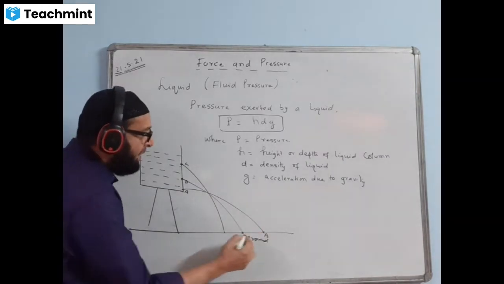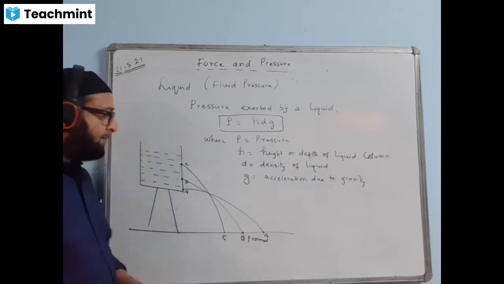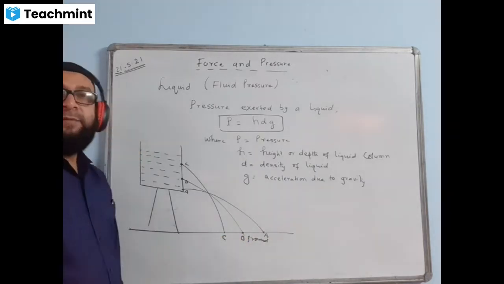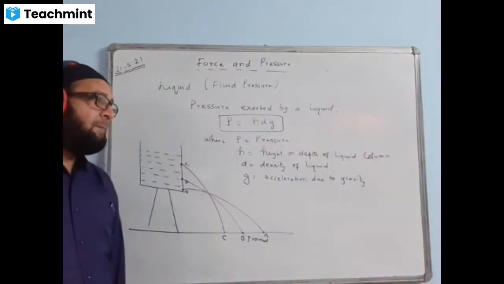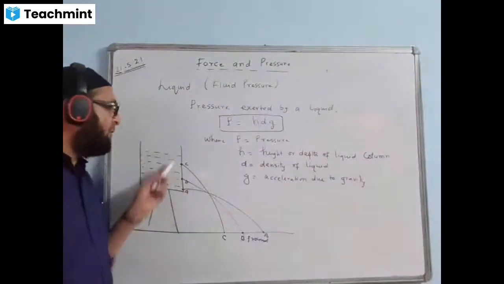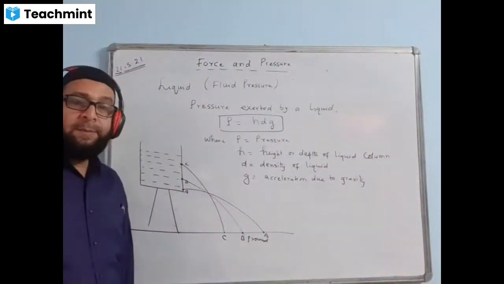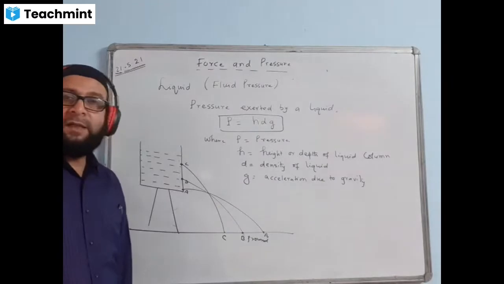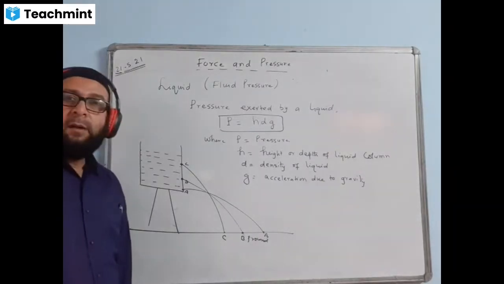From A it will hit the surface here, C will be here, B will be here. So we draw this diagram to show that pressure increases with the increase in depth or height of the liquid column. More the height, more the pressure; less the height, less the pressure. Understood?